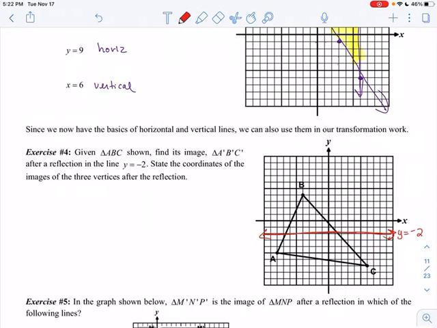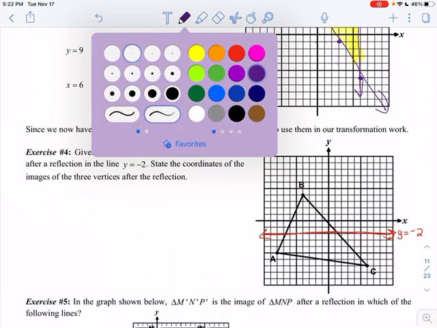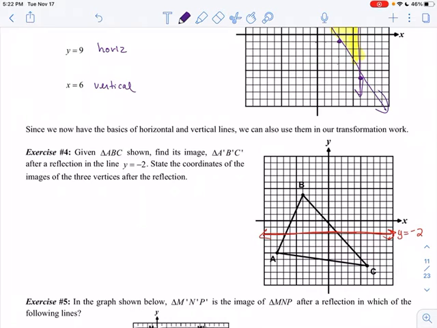Remember, there's no rule for doing reflections like this. You're really just going to count. So let me grab a different color here. A is 1, 2, 3 away. 1, 2, 3 away on the other side is going to be A prime. So A prime is going to be right here. B is 1, 2, 3, 4, 5, 6 away. So 6 away on the other side is B prime.